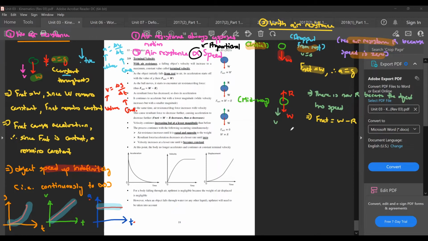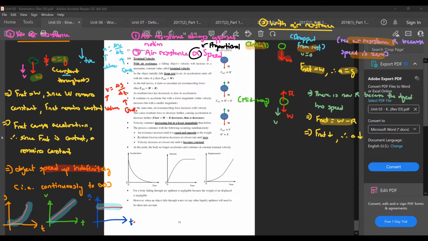Now my net force is W minus R, so my F net has decreased. Therefore, my acceleration would decrease.